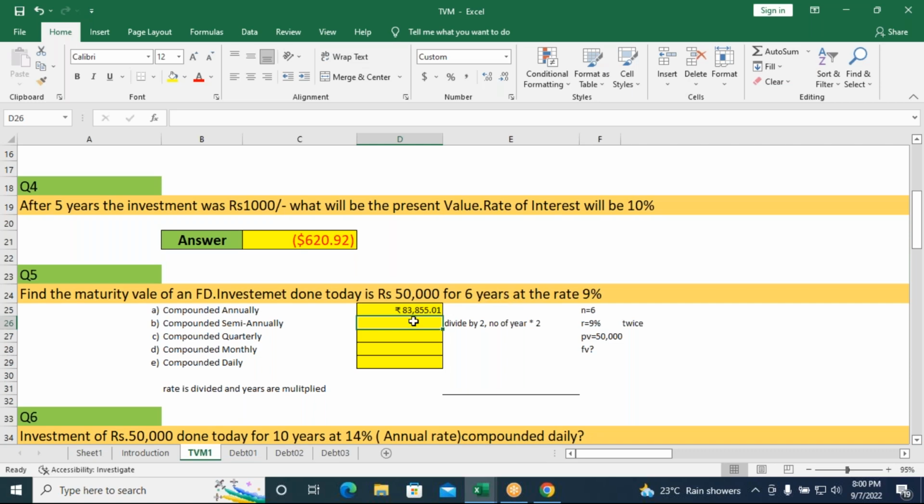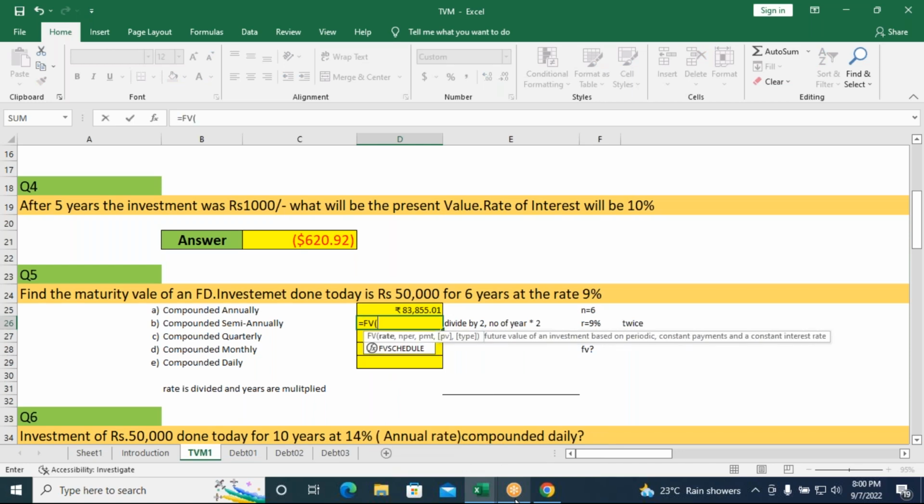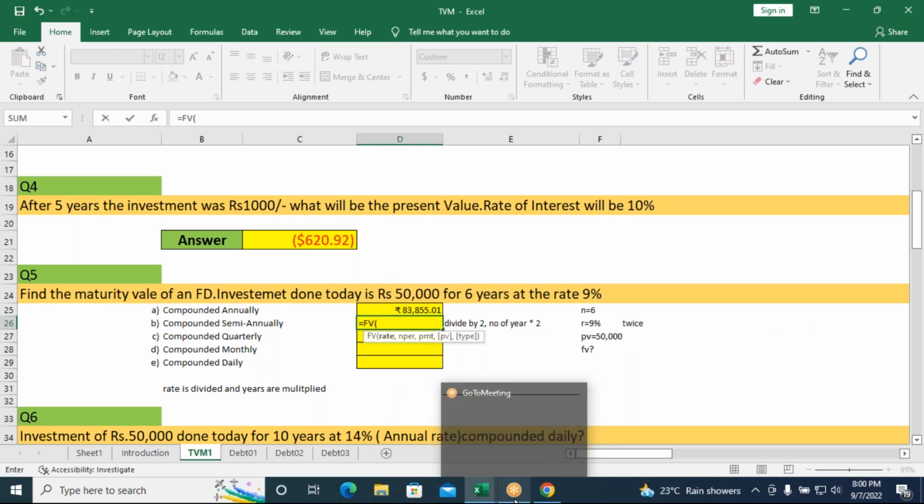So here I'll write the function is equal to FV, open the parenthesis, rate is 9%, so the rate will be divided by 2, comma. Now my nper, number of years, is 6 into 2. So the rate should be divided and the duration, the years, should be multiplied, comma.